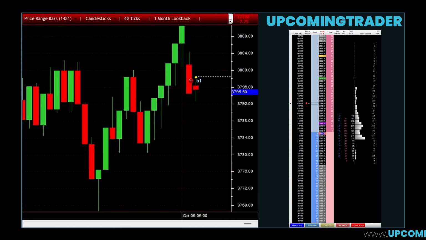One variation is the hammer, which closely resembles the Hanging Man but occurs in a downtrend rather than an uptrend. The hammer indicates a potential bullish reversal, suggesting that selling pressure was rejected and buyers could be regaining control.